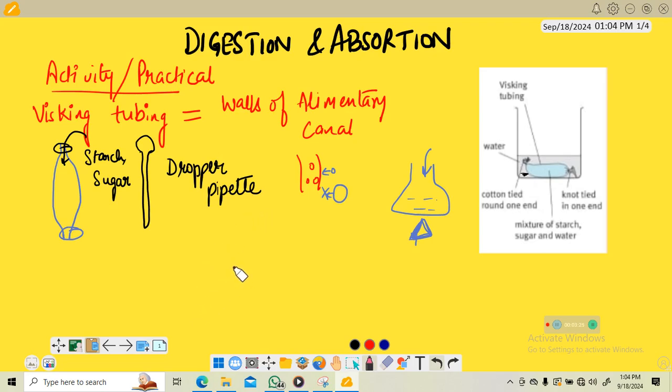Now we'll put the tubing in a beaker. We'll add enough water to the beaker so that the tubing is covered, then leave it for about 15 to 20 minutes. Then we'll take a sample from the water to test for starch and sugar.